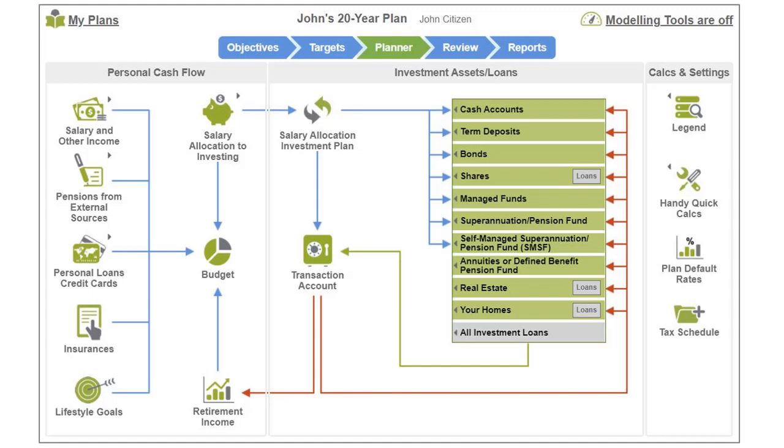You can't say that in 5 or even 20 years you are going to buy, say, BHP shares, but you can model the likely outcomes if you plan to either buy, say, $20,000 worth of shares or sell a similar value of shares. The actual share names are not relevant. It is important to list an approximate purchase price of the current portfolio so the capital gains tax can be calculated when the shares are sold.